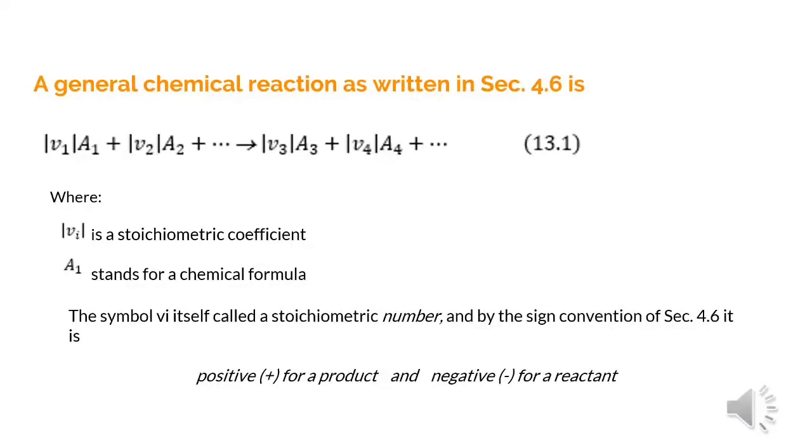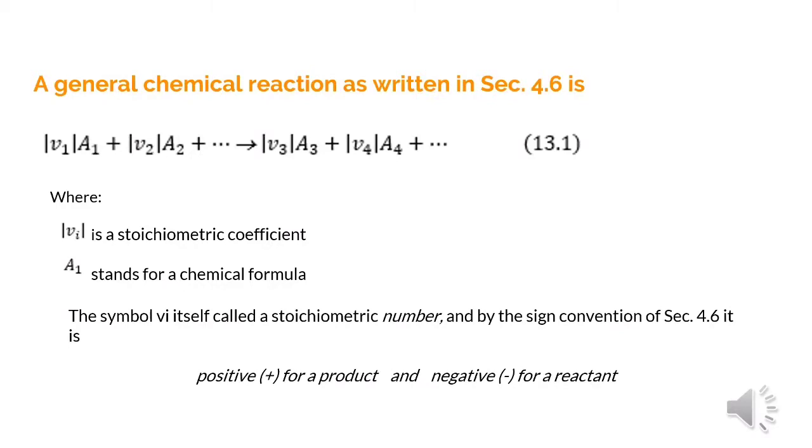A general chemical reaction as written in section 4.6 is equation 13.1, where vi is a stoichiometric coefficient and Ai stands for a chemical formula, for example H2O, CH4, H2, and so on.